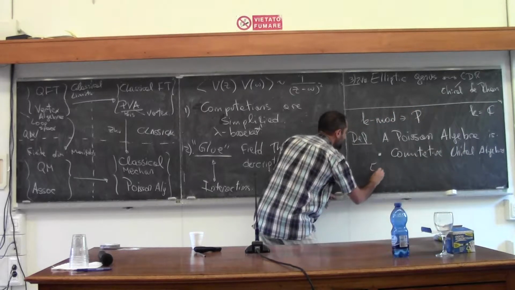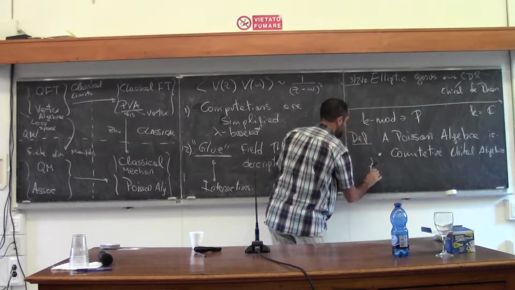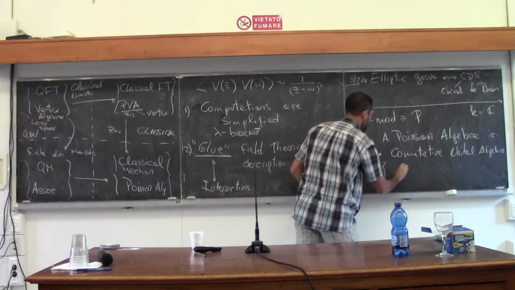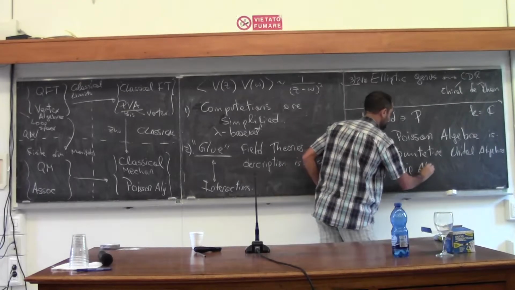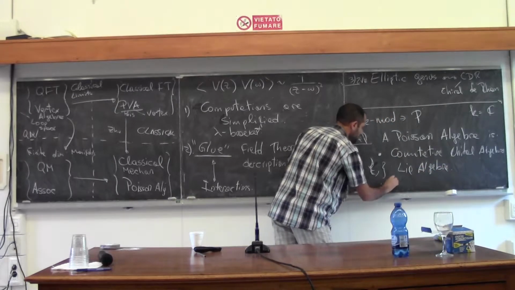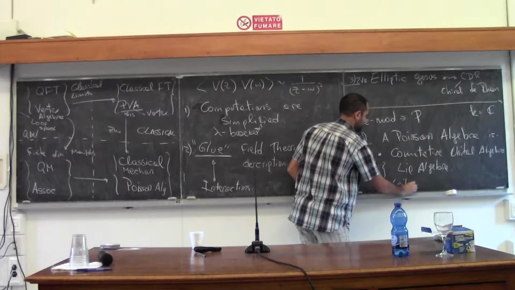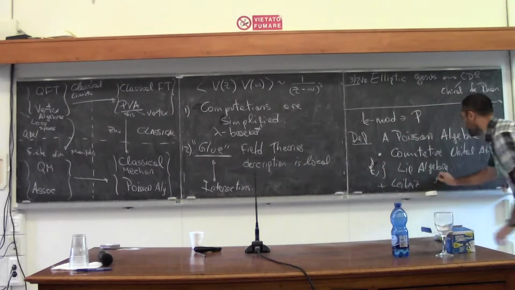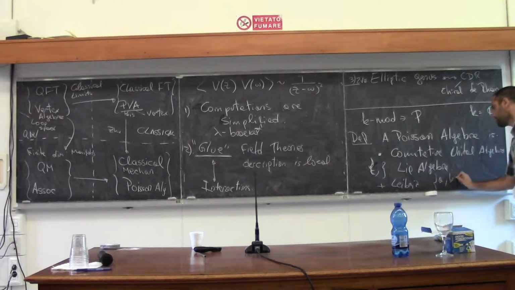We have another operation, which is a Lie bracket. I'll write this with braces. Lie algebra. And we have the Leibniz rule, which is simply that {A, BC} is equal to {A, B}C plus B{A, C}.